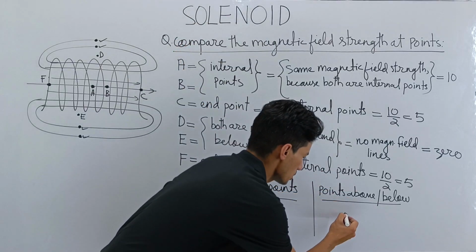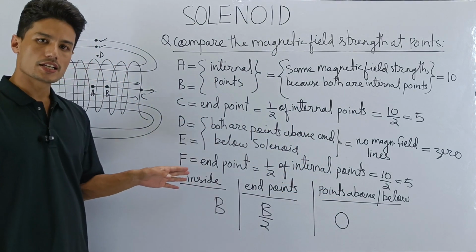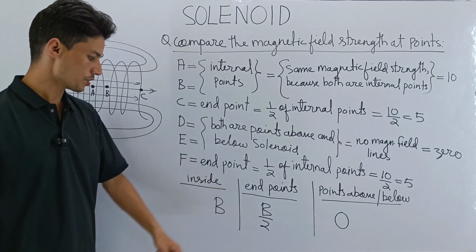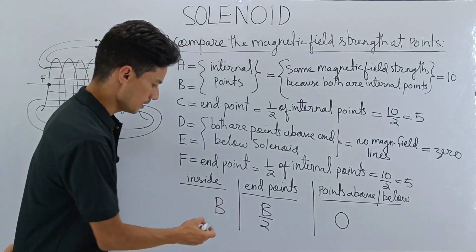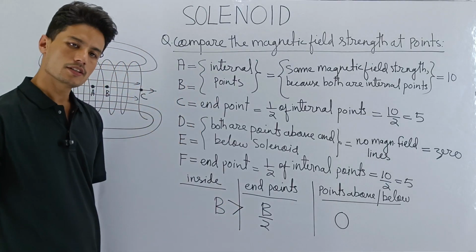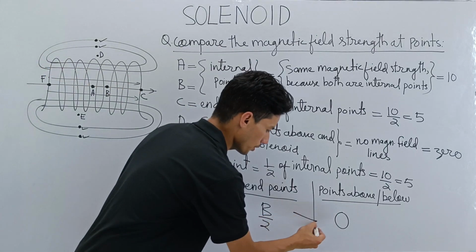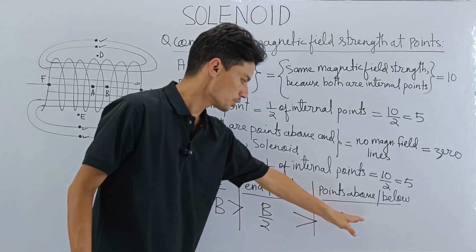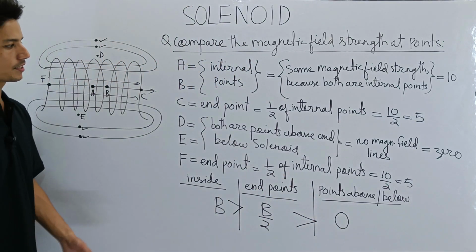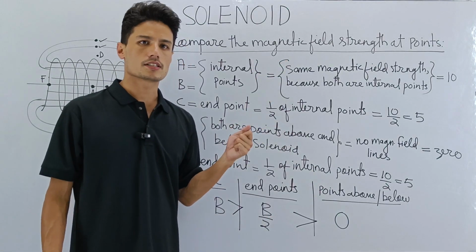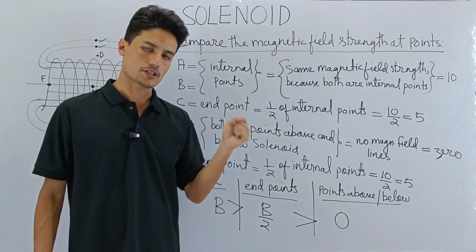It will be 0. So if we are to arrange in order of strength, the inside points will carry the strongest magnetic field, followed by the endpoints, and finally 0 here. So this is my class. My dear students, this is everything about solenoid and electromagnet.